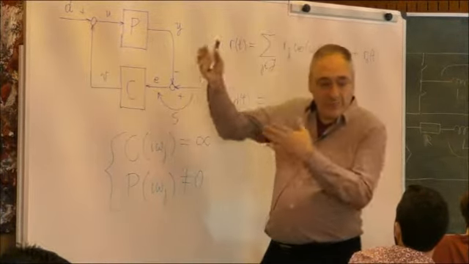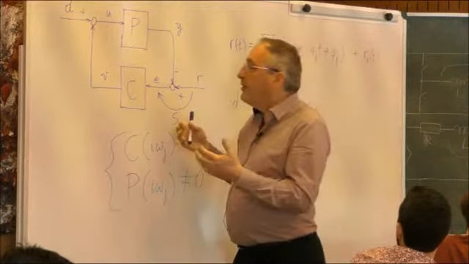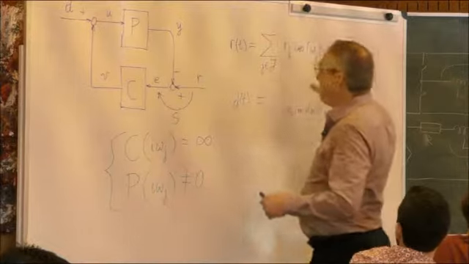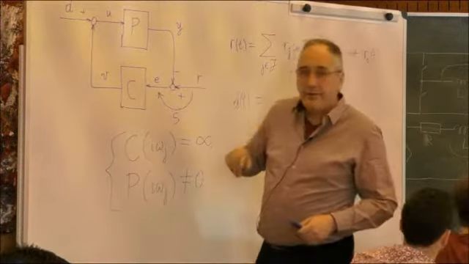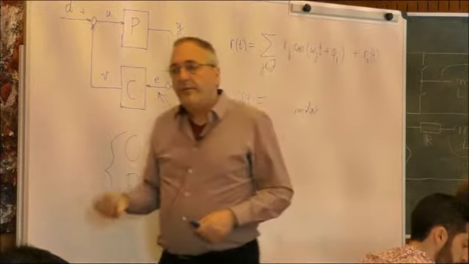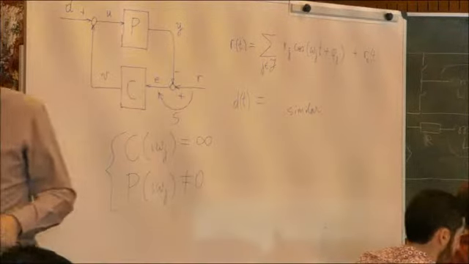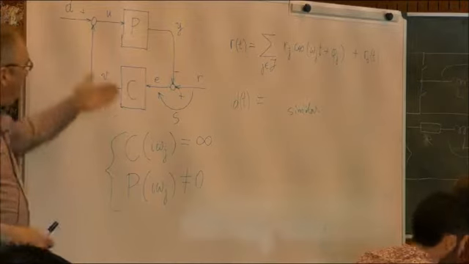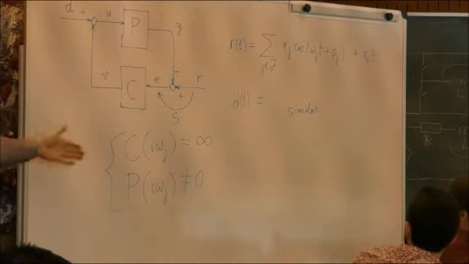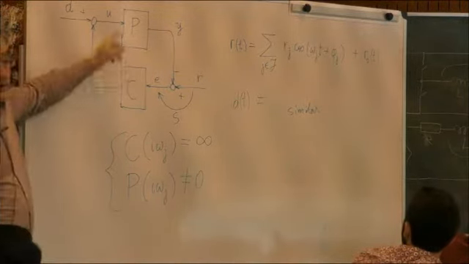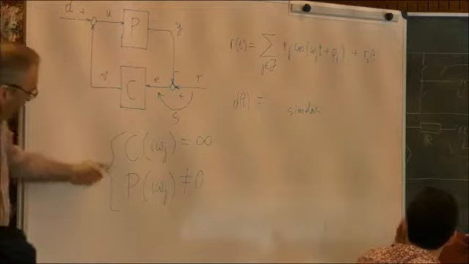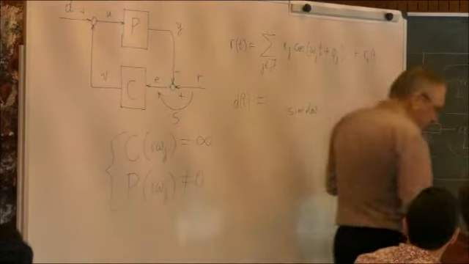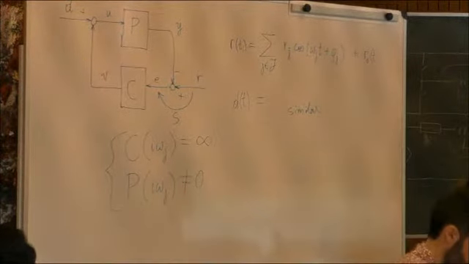When you have an R and a D of this form and you want the error to tend to 0, this is called the tracking and disturbance rejection problem. And to be able to solve it in this context, you need, of course, the stability of the closed loop system and these conditions.